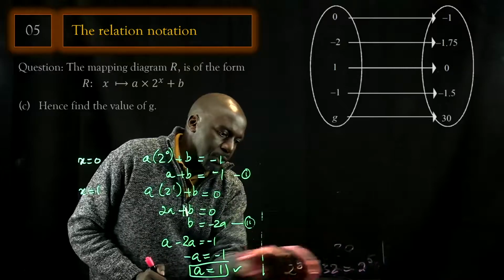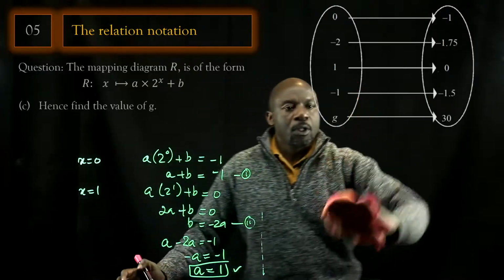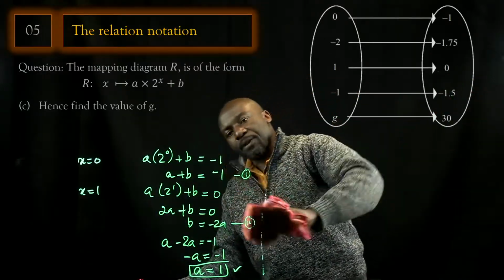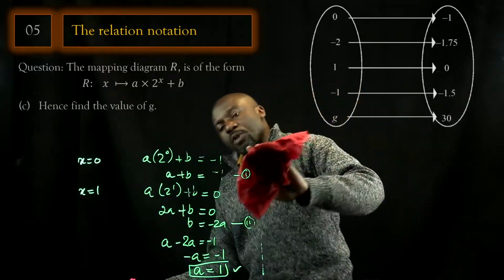So we can use ordered pairs, we can use a mapping relation such as this one, to find unknowns in the same way that we do with functions.